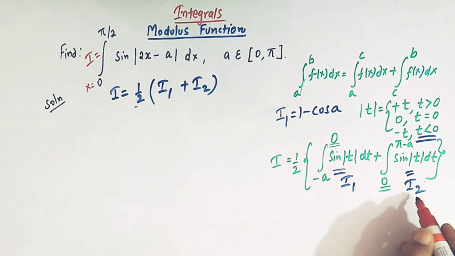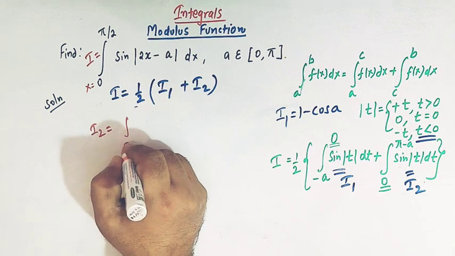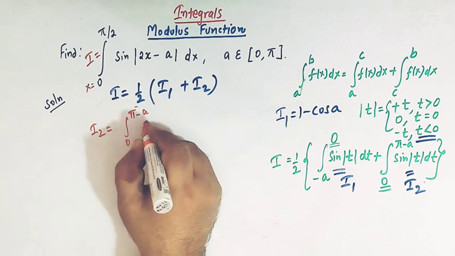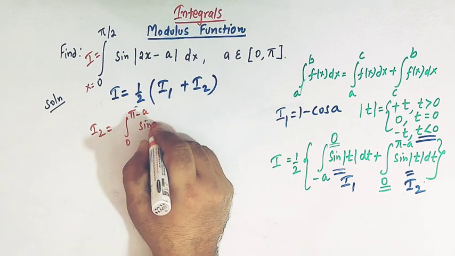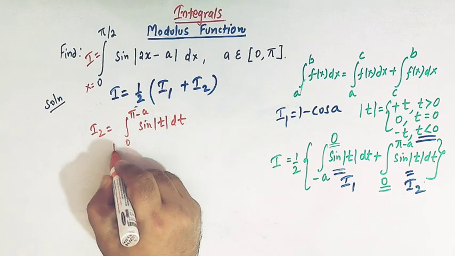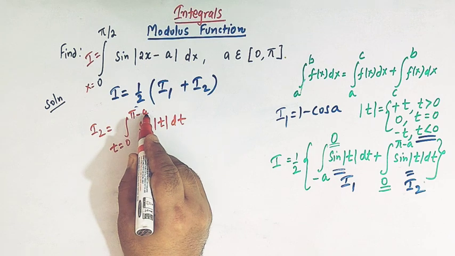So now let us take I2. So I2 is integral from 0 to pi minus a, right? And here we have sine of mod of t dt, right? Now see, here t goes from 0 to pi minus a, right?